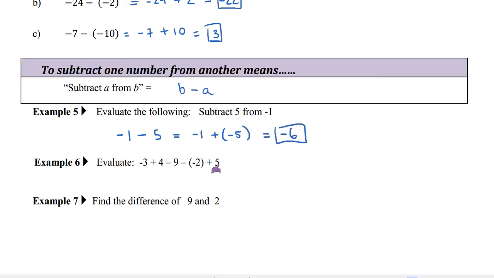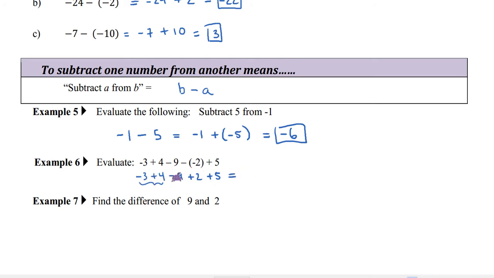And then what about this more complex situation? So notice here we do have a double negative. So first let's simplify this a little bit. So negative 3 plus 4 minus 9, and then plus 2 plus 5, right? Okay, so I don't know, we could just do this one at a time.